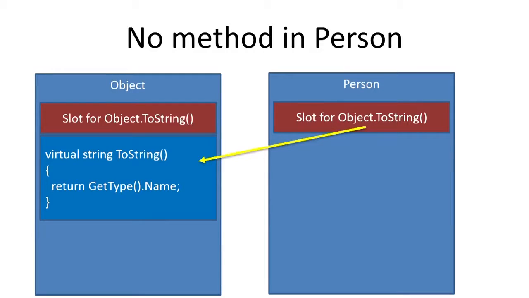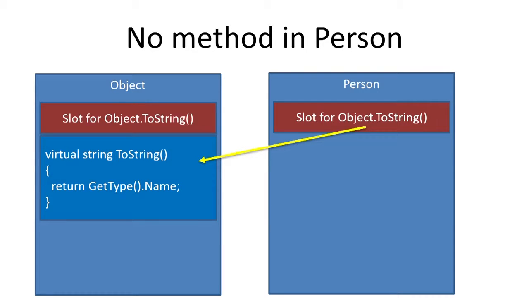You can override them. So let me illustrate what I mean by slots. So here I've got objects. I've got classes drawn as the large outer boxes, and then the slots are the small red boxes in them. And then the slots in the more derived type have pointers that point to the method that is going to be in that slot. So object is a class.